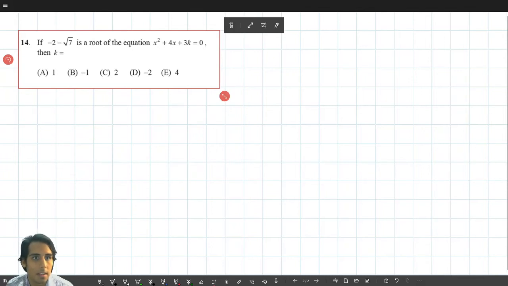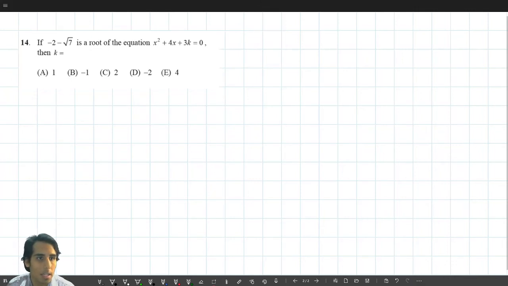It says that minus 2 minus the square root of 7 is a root of the equation. Let me put the pen here. The equation is x squared plus 4 times x plus 3 times k equals 0.